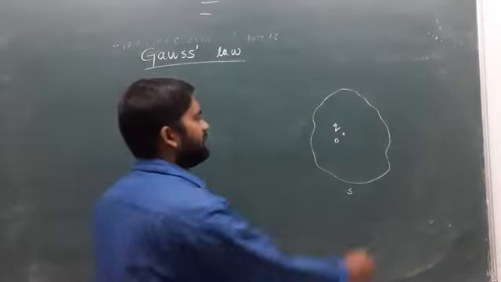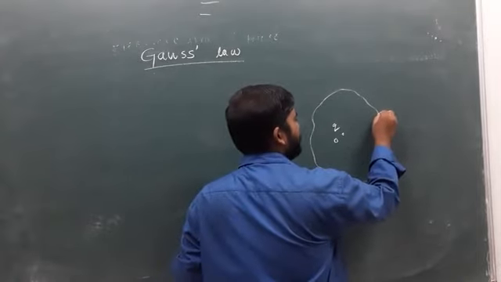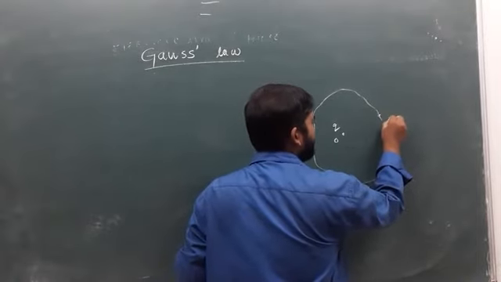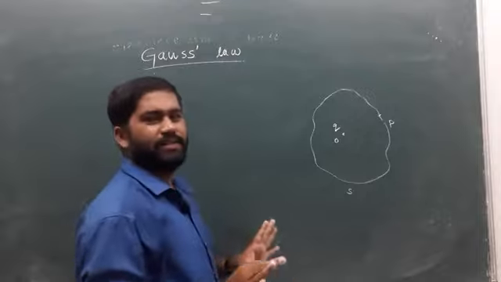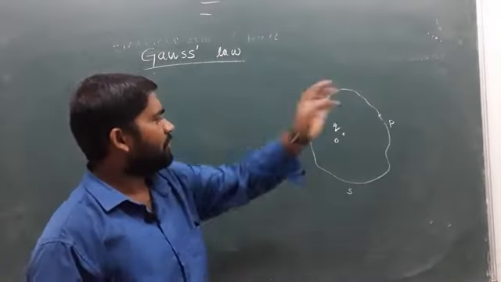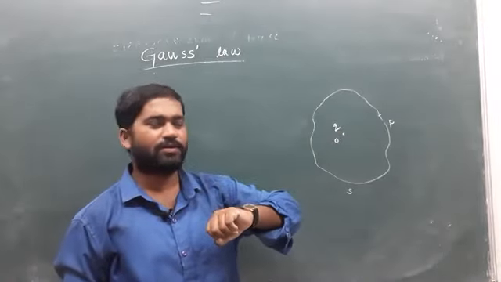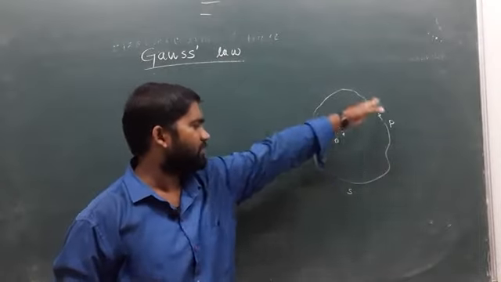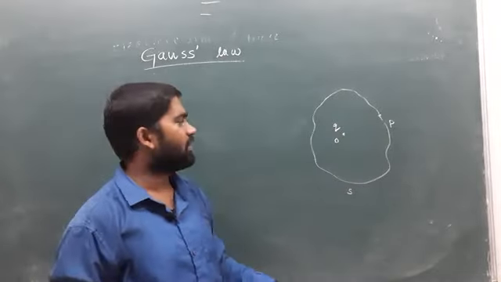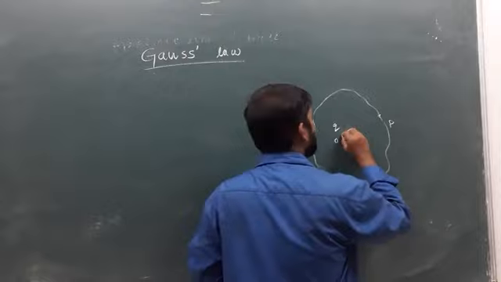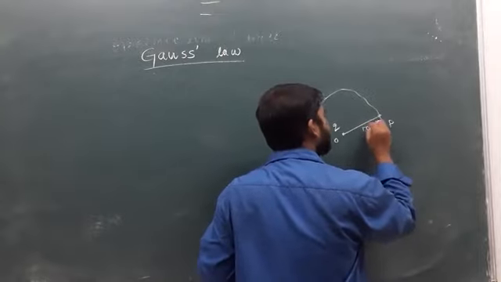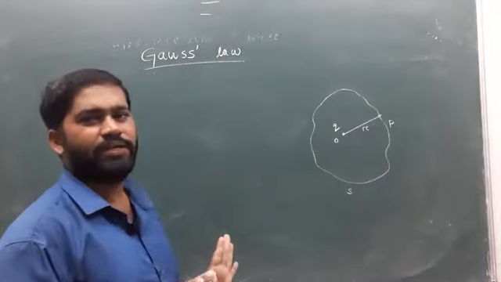And I take an observation point P on the surface. The point of observation is at a distance r from that point charge.